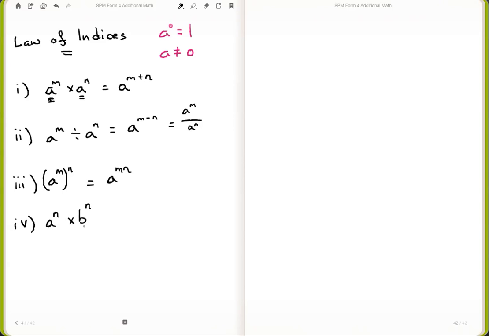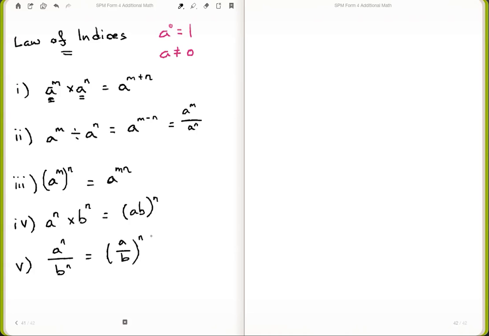The bases are different, the index is the same. Simply you multiply the base numbers to the power n. And of course, the fifth one, the bases are different, the indices are the same, is actually a over b, to the same power.